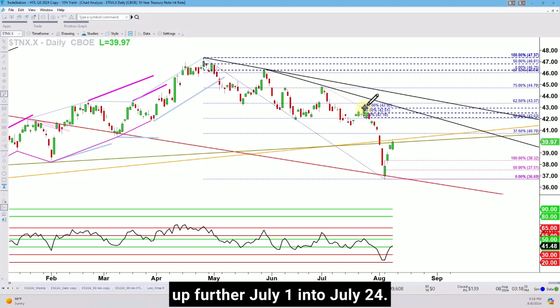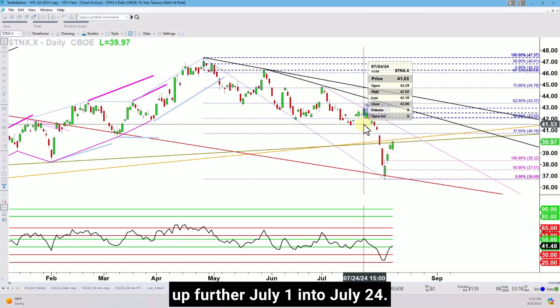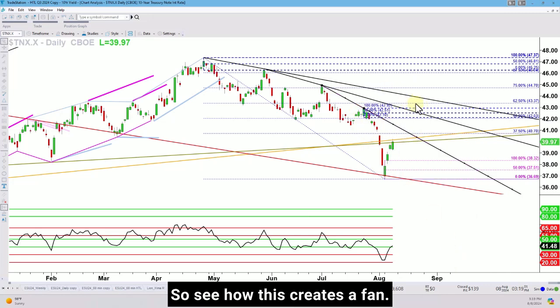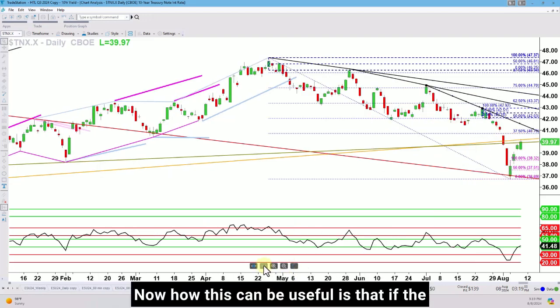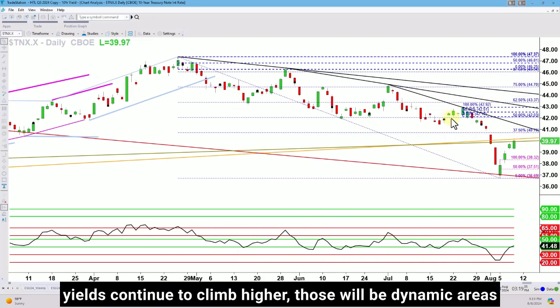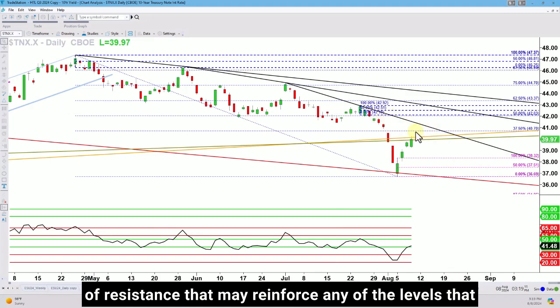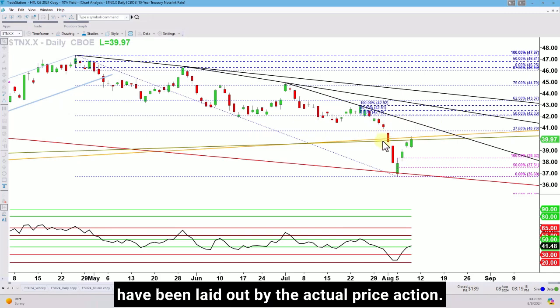July 1st into July 24th. So see how this creates a fan? Now, how this can be useful is that if the yields continue to climb higher, those will be dynamic areas of resistance that may reinforce any of the levels that have been laid out by the actual price action.